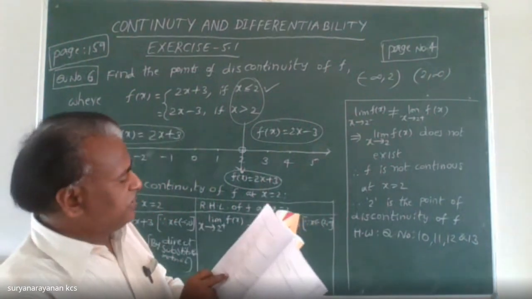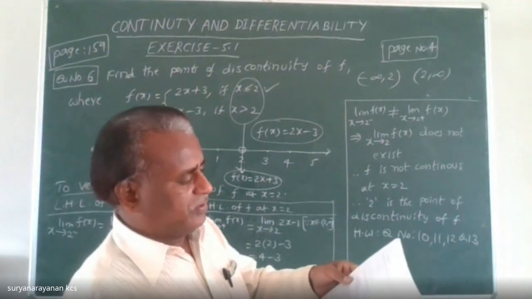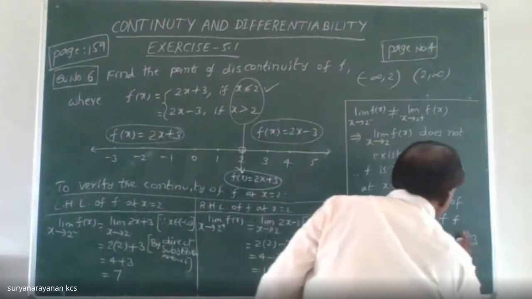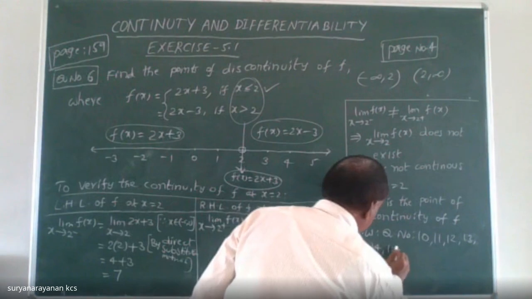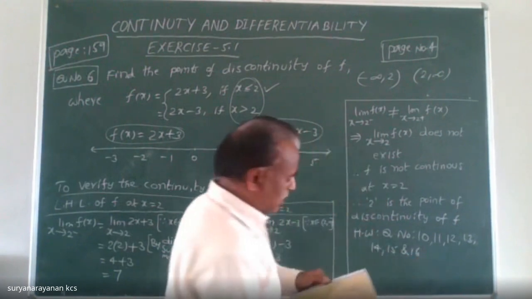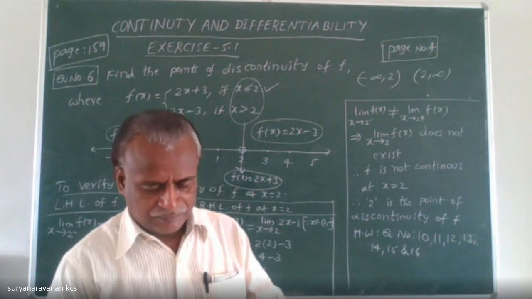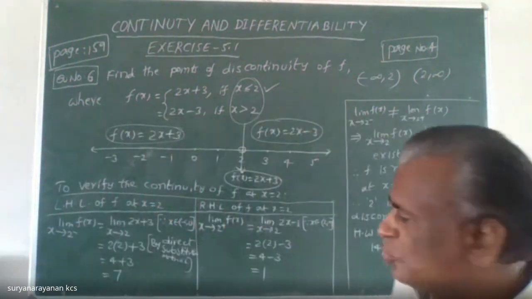Will you try these questions? Okay, sir. Similarly, you can do 14, 15, 16 also. All these questions are of the same type, up to 16. Please try these questions. Do these questions as homework.